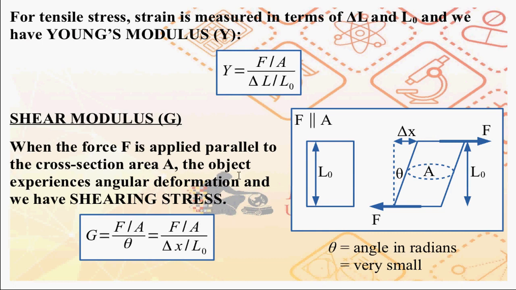You have an object, cross-section area A, initial L0. You apply force F parallel to the cross-section area A. And then on the other side, you apply force F in the opposite direction, still parallel to cross-section area A.